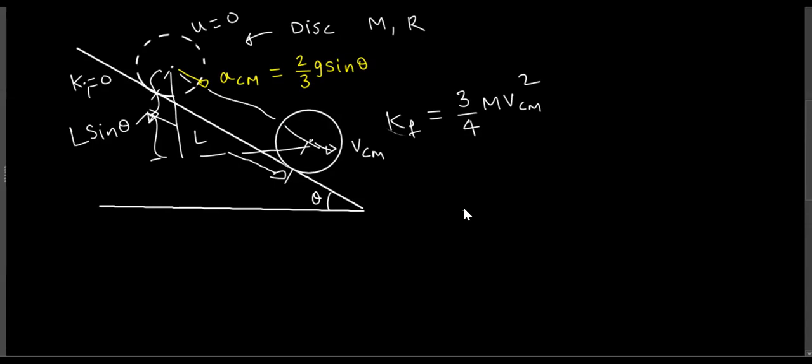So you can simply use mechanical energy conservation: the gravitational potential energy lost is the kinetic energy gained.